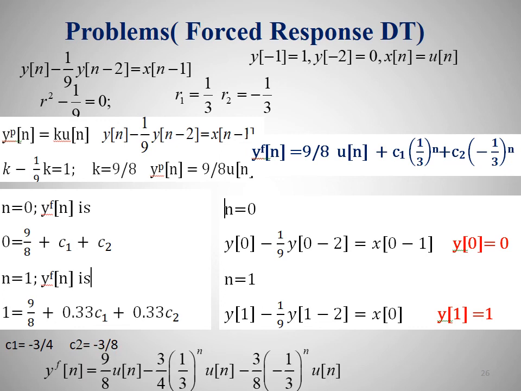Let us now complete the problem by substituting the values of c1 and c2 in the expression for forced response, thereby getting yf of n is equal to 9 by 8 into u of n minus 3 by 4 into 1 by 3 power n u of n minus 3 by 8 for c2 into minus 1 by 3 power n u of n.